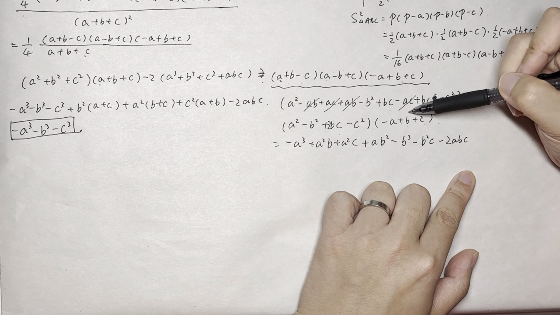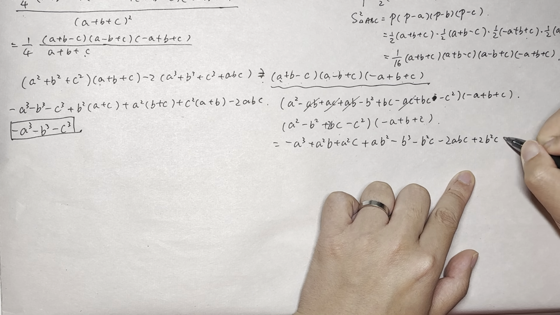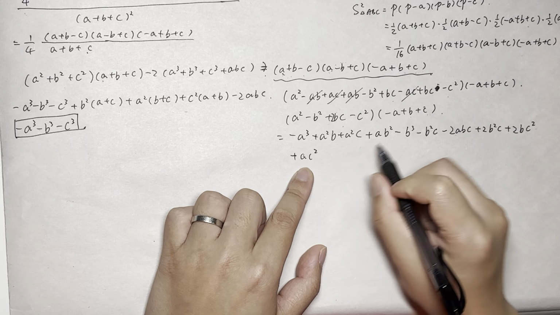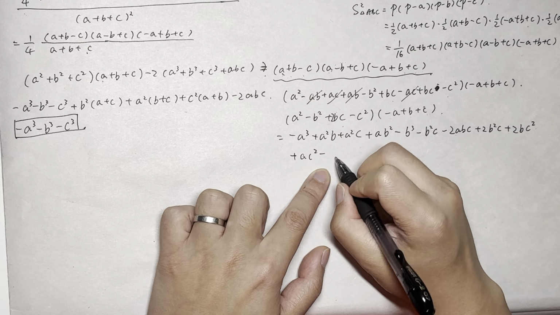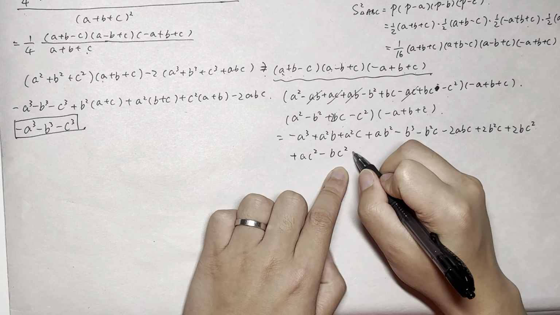And for here, plus twice of b squared c, and plus twice of bc squared, right? And then we have minus ac squared. Oh, that's plus, right? Plus ac squared minus bc squared and minus c to the power 3. It equals minus a to the power 3 minus b to the power 3 minus c to the power 3.